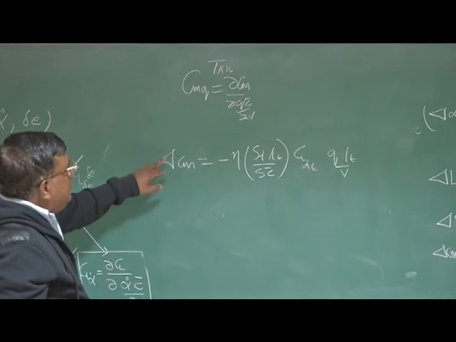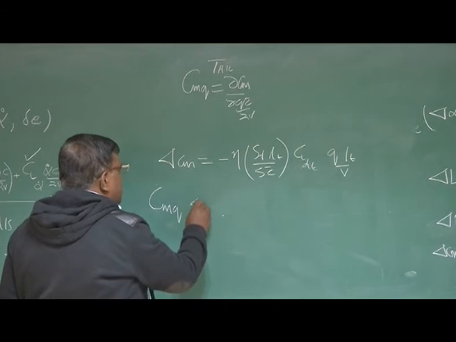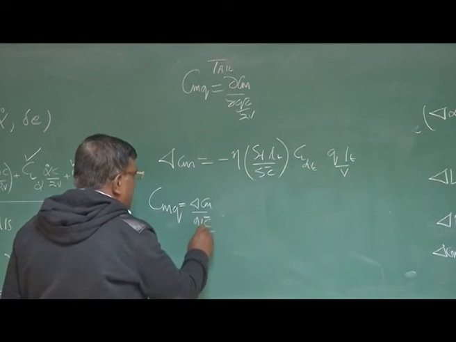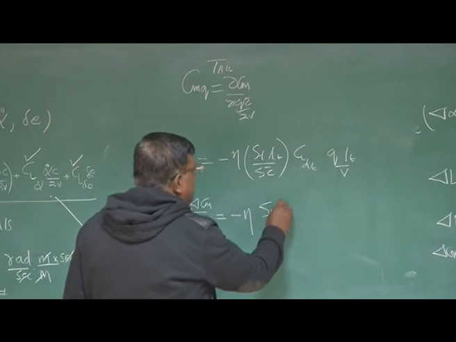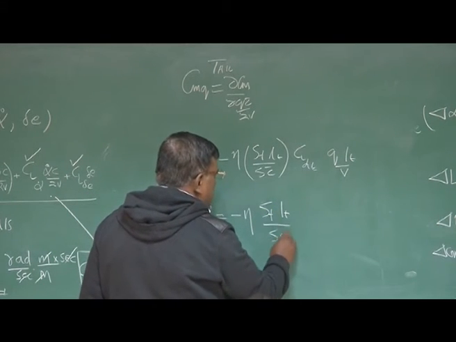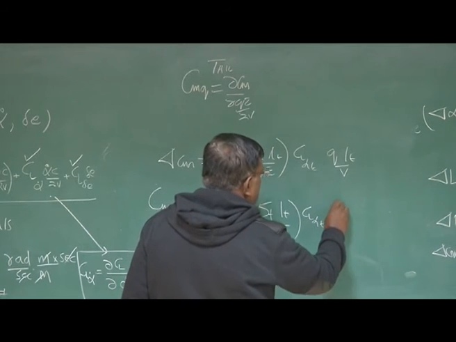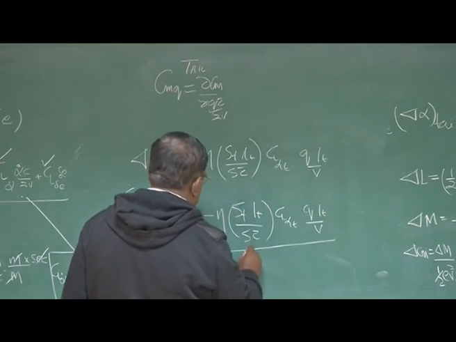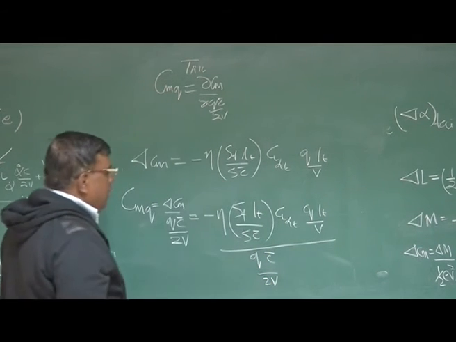So now our aim is to get C_mq. So C_mq is delta Cm by (Q C bar by 2V). This is equal to minus eta S_T L_T by S C bar C_L alpha tail Q L_T by V divided by Q C bar by 2V. So what is the final expression?